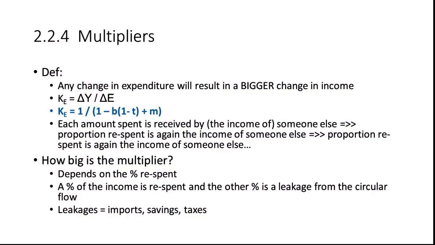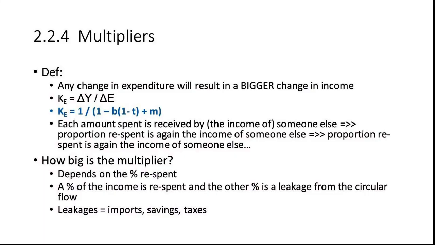And again, they spend that money, some portion of it, and you basically get the income multiplier going, that when incomes are received and spent again, it leads to a multiplier effect on the total level of income in the economy. So how big the multiplier is depends on the percentage of incomes that are re-spent.